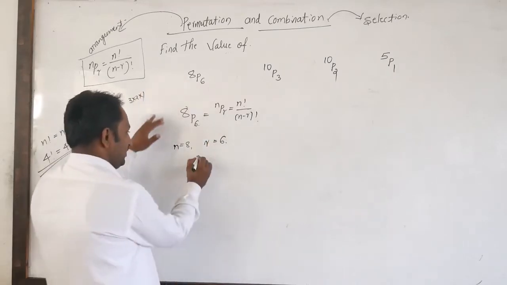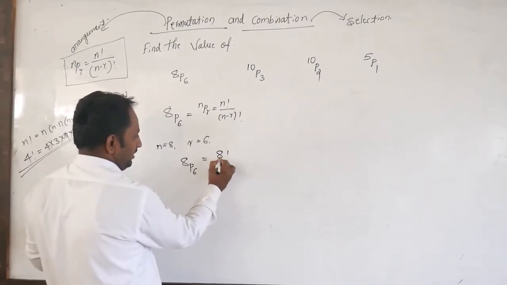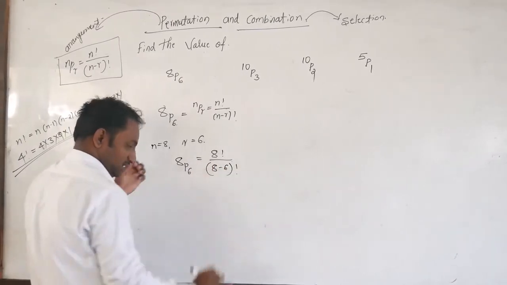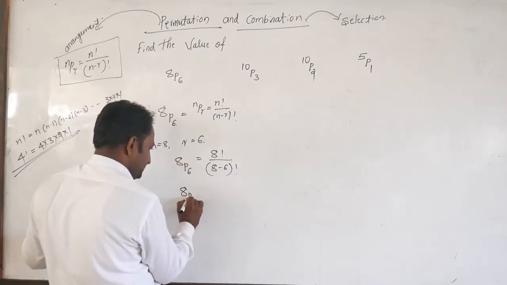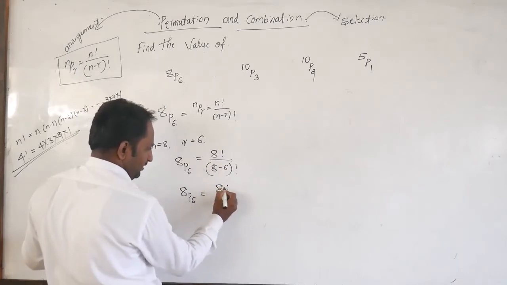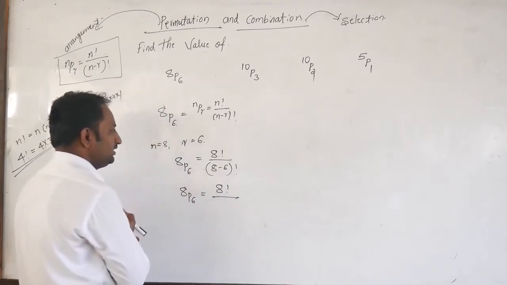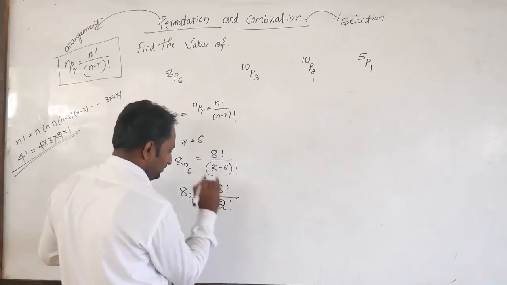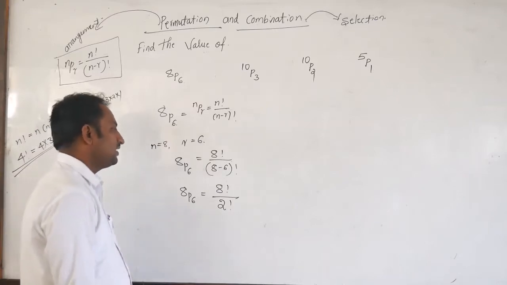Substituting the values, 8P6 is equal to 8 factorial divided by (8 minus 6) factorial, that is 8 factorial divided by 2 factorial. Simplifying, this is our answer.